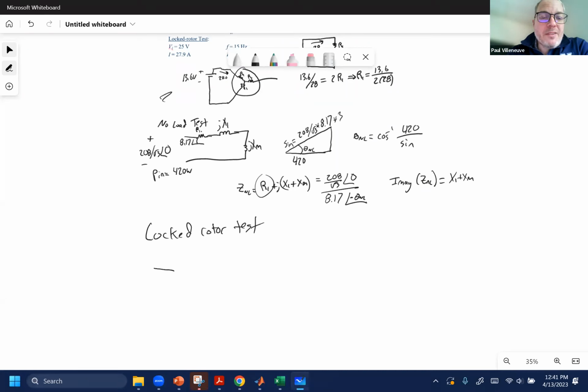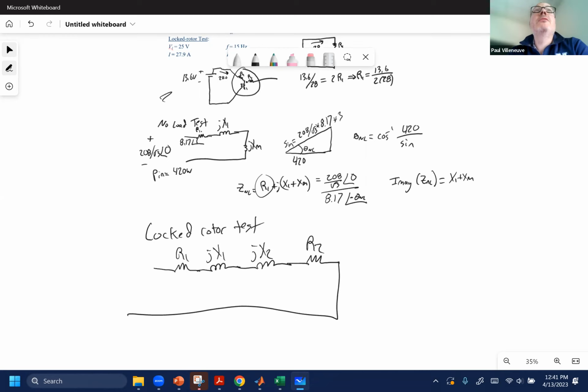And what I'm left with is R1, jX1, jX2, and R2. That's my equivalent circuit. I'm going to apply my voltage, 25 divided by the square root of 3 at an angle of 0, as my applied voltage.